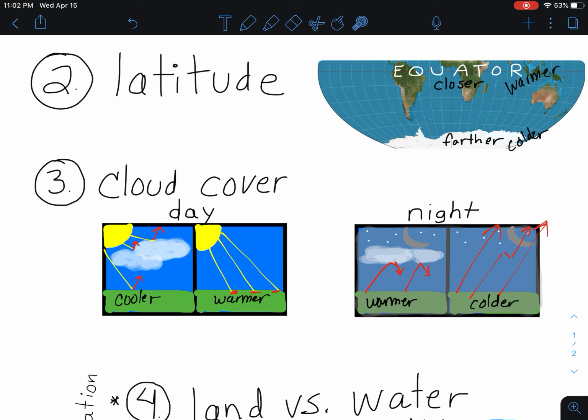On a cloudy night, it will be warmer because the heat is coming from the land, and that heat radiates off the land, hits the clouds, and bounces back down because of the albedo, in other words, in this case, the greenhouse effect of the clouds. On a cloudless night, that heat from the surface completely goes out to outer space.